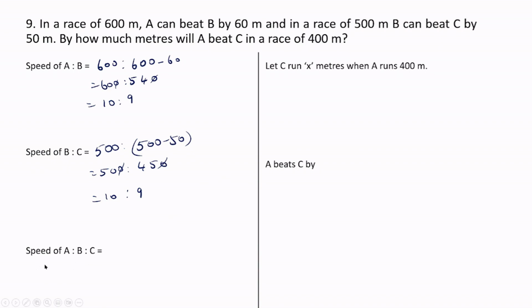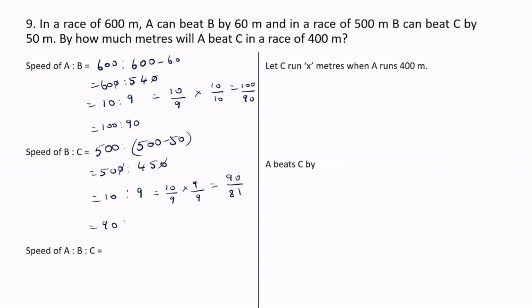So here speed of A is to B is to C, we have to have this term common. So this is 10 by 9. Let us multiply and divide by 10. So it becomes 100 by 90. This is equal to 100 is to 90. This is 10 by 9. Let us multiply and divide by 9. So it is 90 by 81.